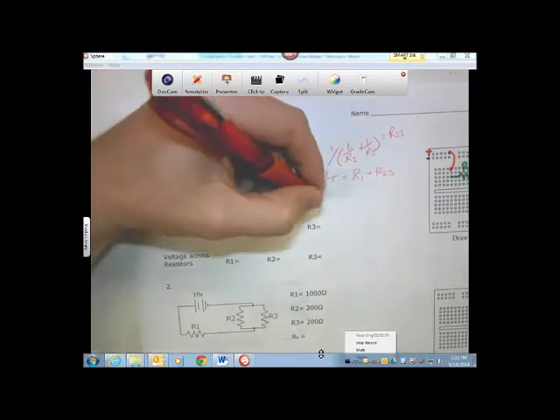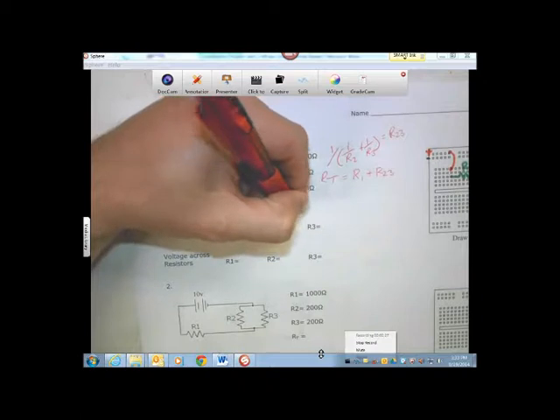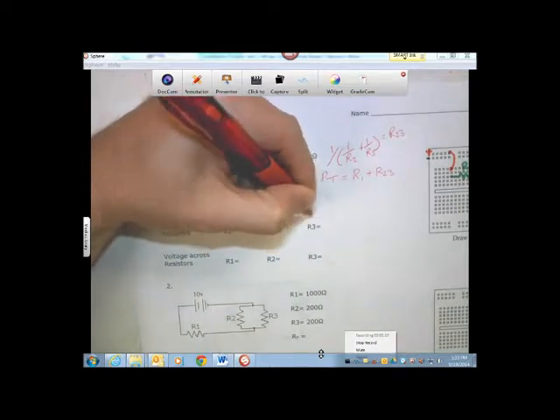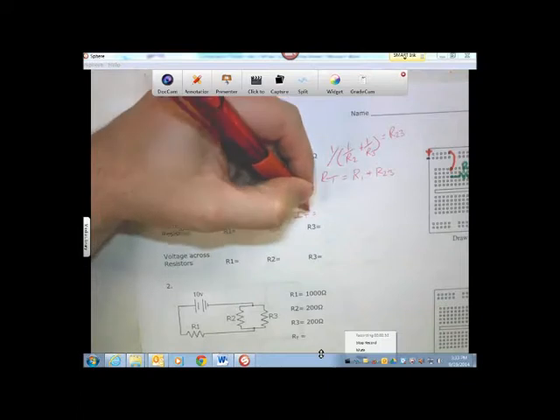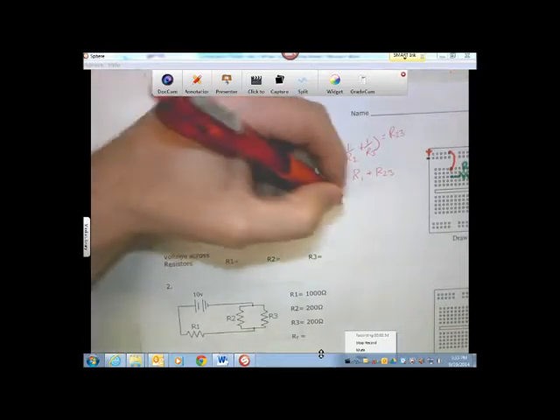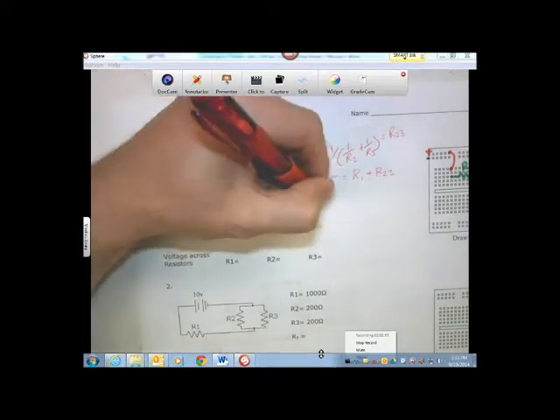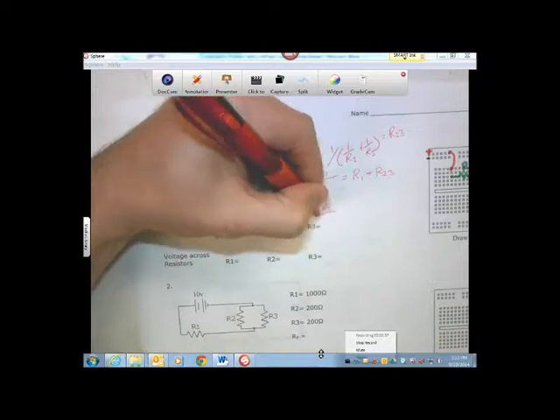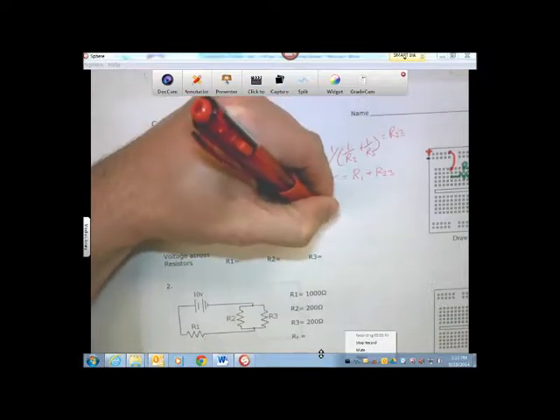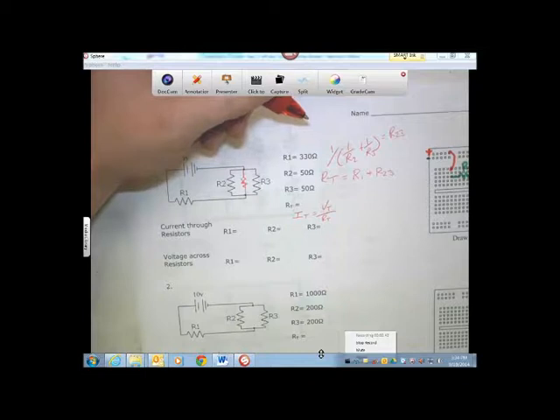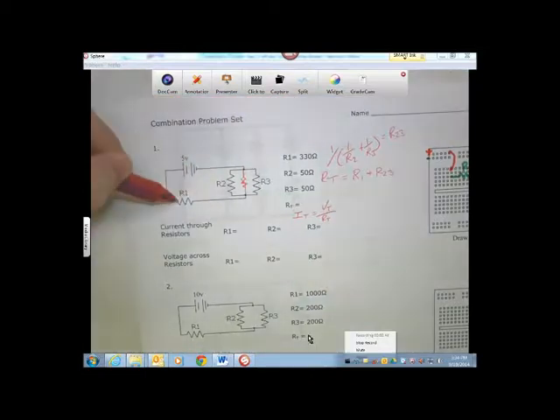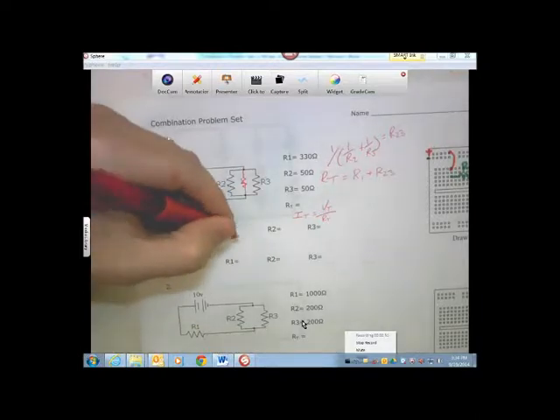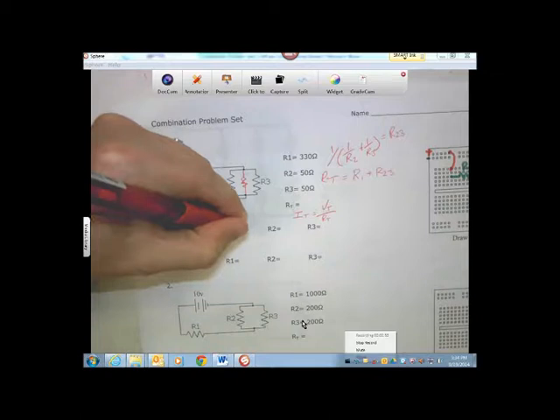We can find IT, which is going to be equal to V over R. So my V is going to be my total voltage, so VT over RT. As we talked about in class, we see that R1 is in series with our circuit, so we know that the current through R1 is going to be IT.